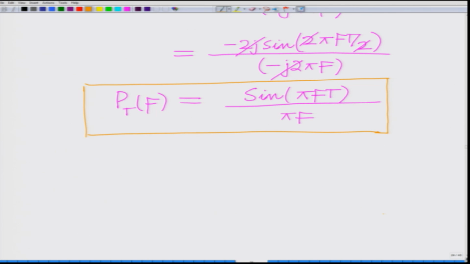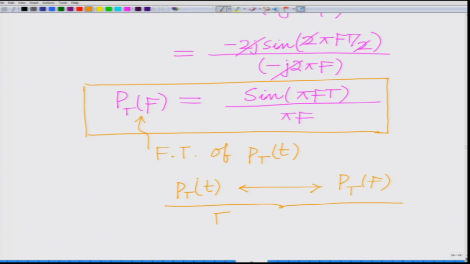So, this is the expression for the Fourier transform of your pulse or rectangular window p_T(t), and remember we can also say that your p_T(t) and its spectrum P_T(f) form a Fourier transform pair.